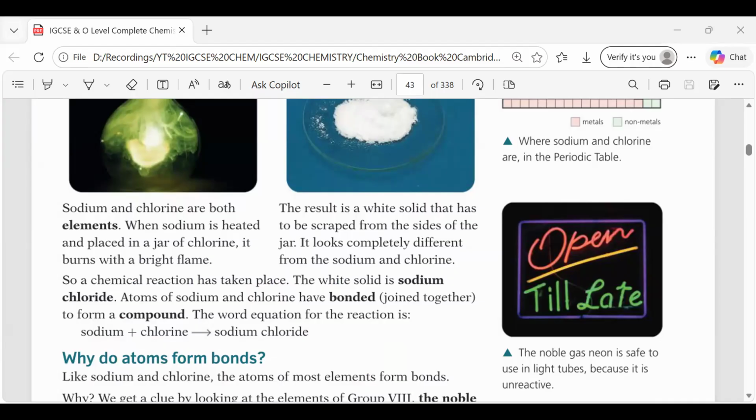Over here, I have written, how many protons are there in sodium?